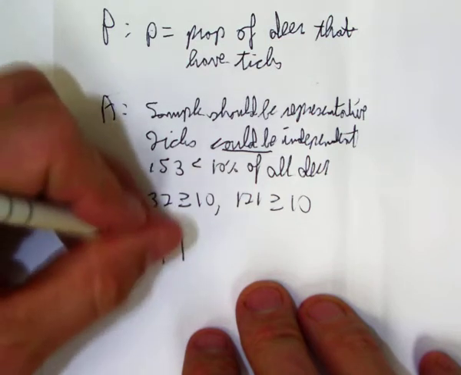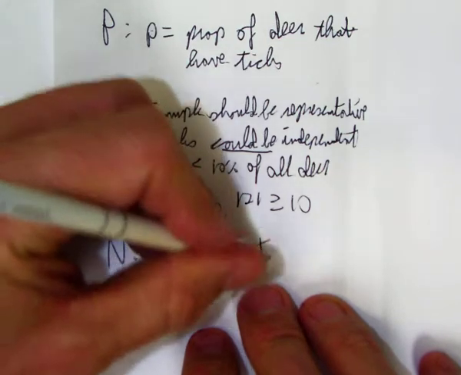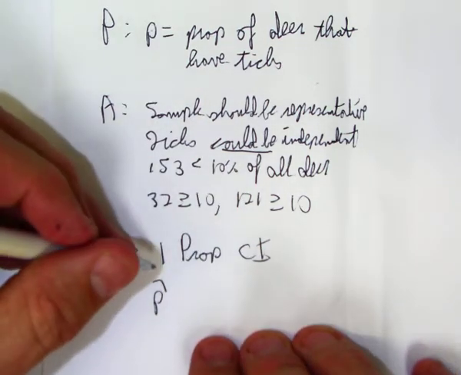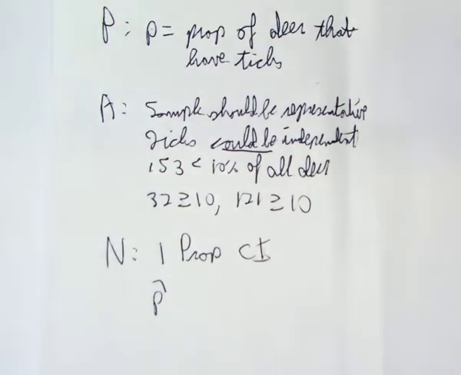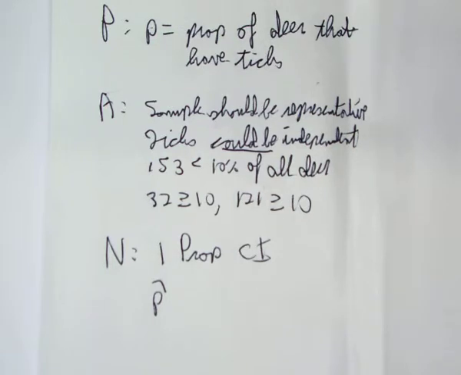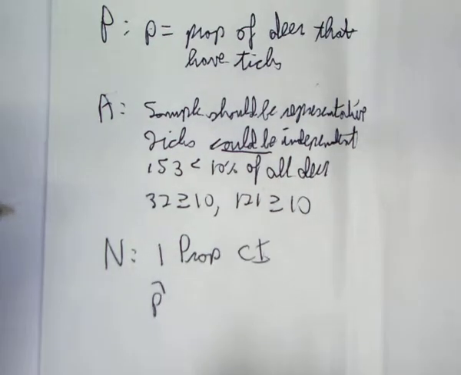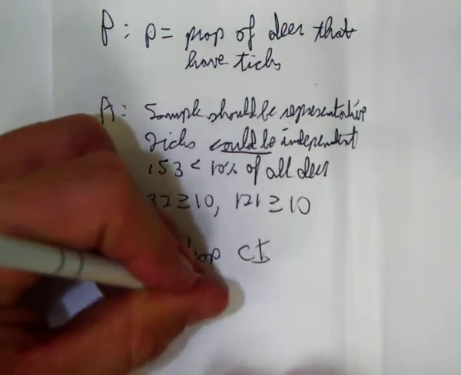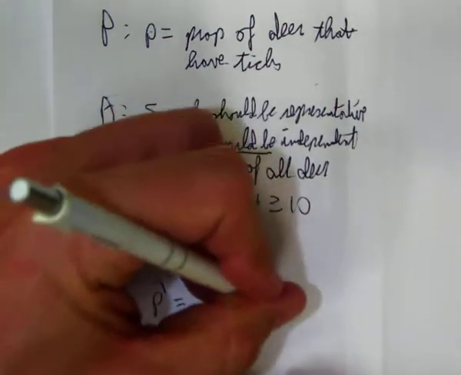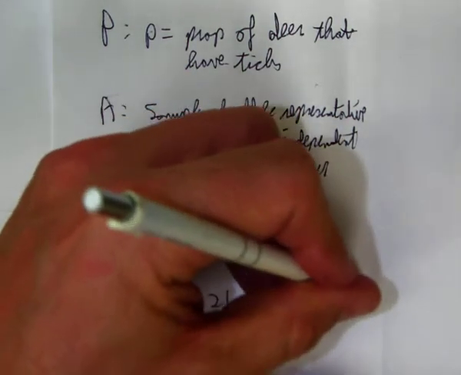Name it. This is a one prop confidence interval. P hat in this case is going to be 32 out of 153. So that's about 0.21. Q hat is about 0.79 and N is 153.